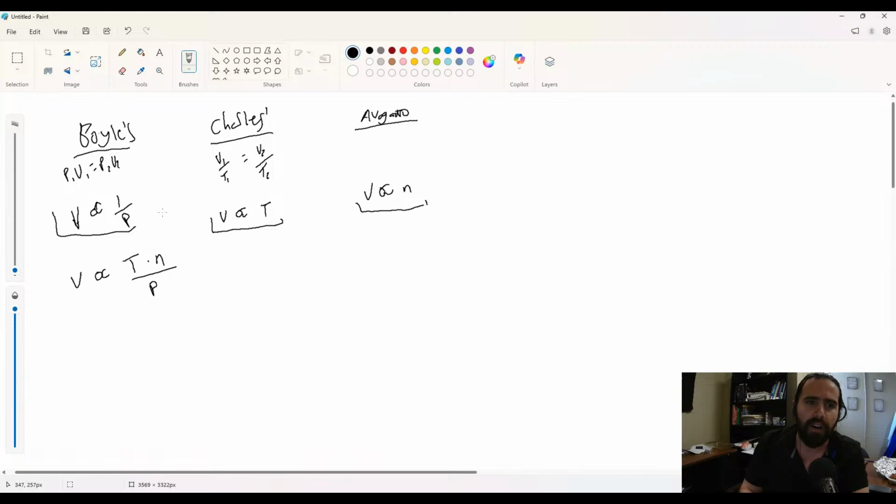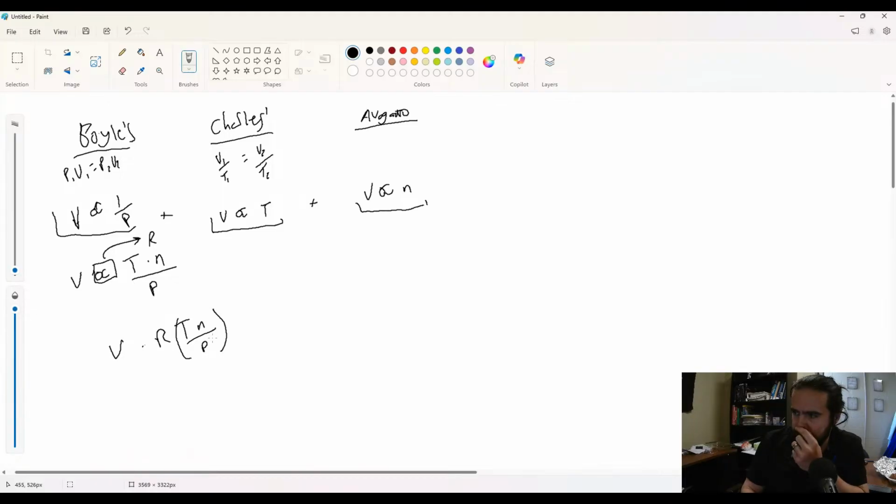That's combining all of these together. Now, if we can express that proportionality as a constant, let's call that R, we would get V times R is proportional to T times N over P.